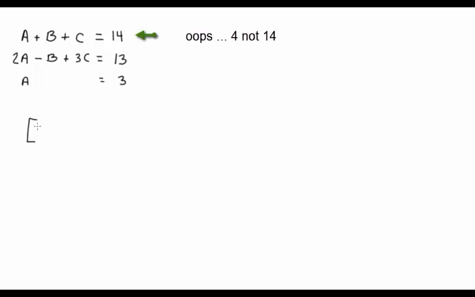In general, we think of the matrix method as some matrix A, which will be a matrix of coefficients, times a variable matrix equals a matrix of constants, or sometimes said solutions.